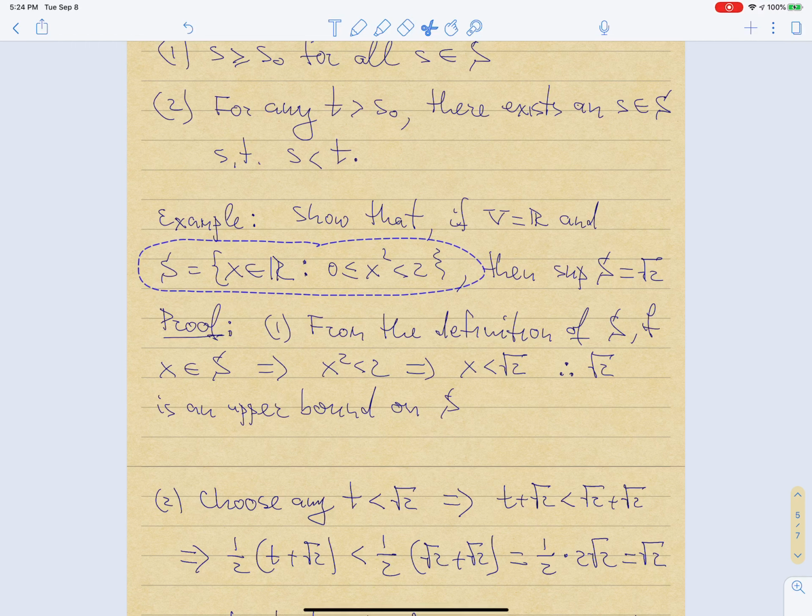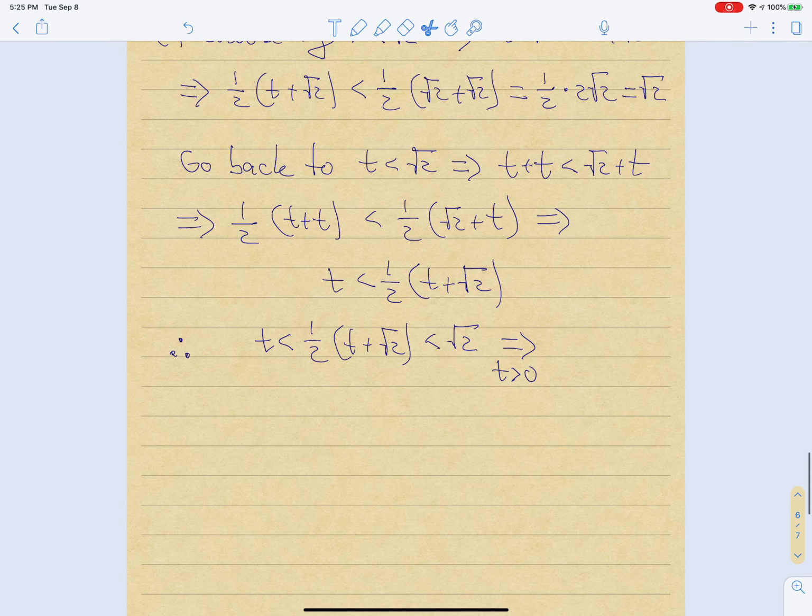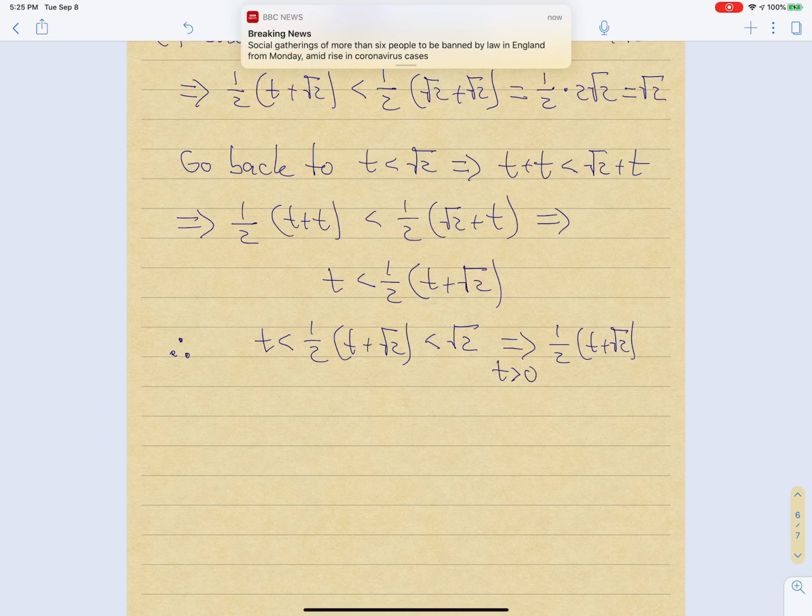Because this is a number which is greater than t, which is greater than 0, and at the same time it's a number which is less than square root of 2, so the square of this number must be between t squared, which is 0, and 2. And so that means now that 1/2 t plus square root of 2 must be an element of S.